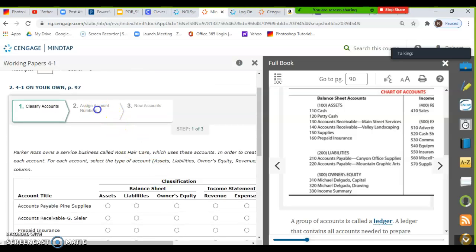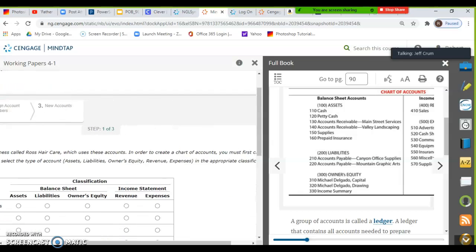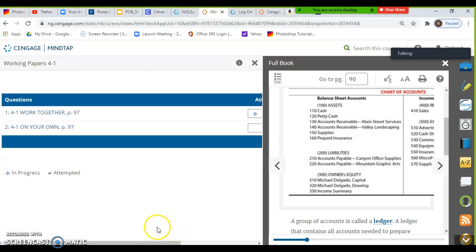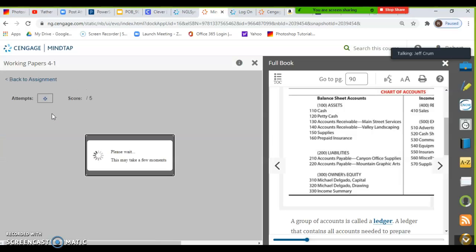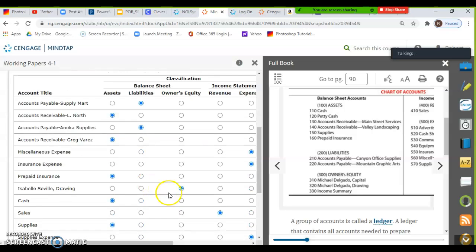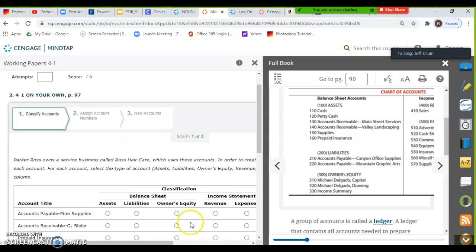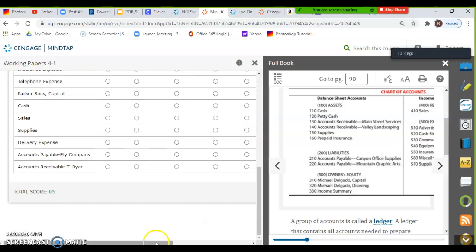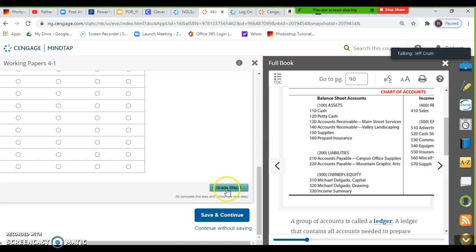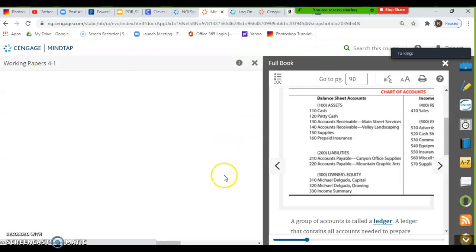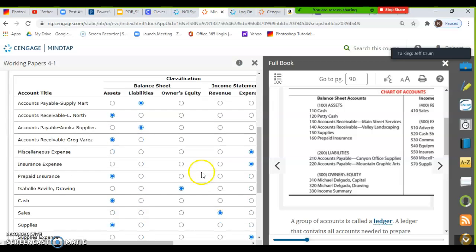Okay. Why did it not move on? Why is it not moving on to the next step? Continue. Well, maybe I got to grade it. Come on, let me move forward.